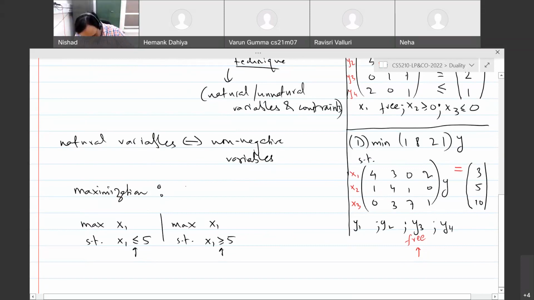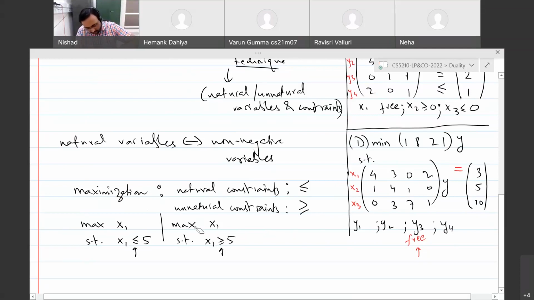So the natural constraints for a maximization problem are less than equal to, and the other constraints, the greater than equal to, are going to be unnatural. And for a minimization problem, it is going to be exactly the opposite.